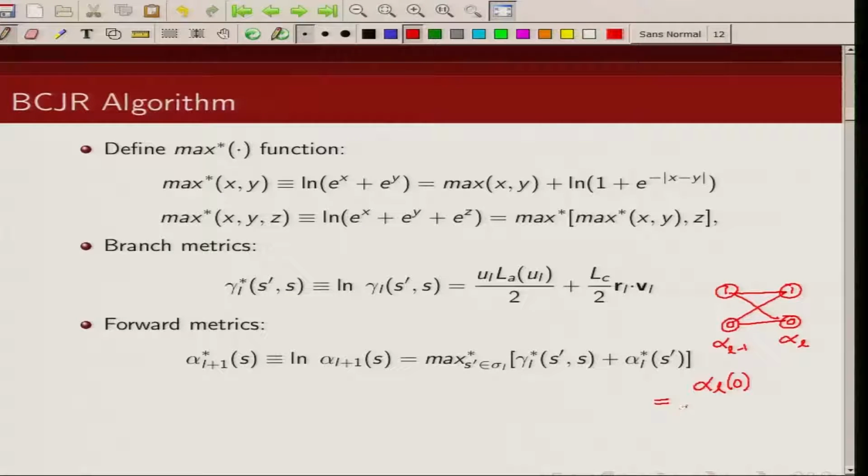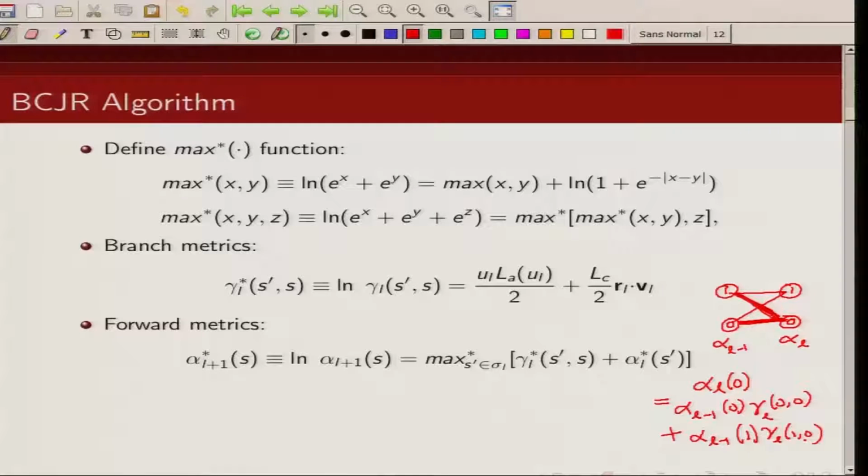There are two branches terminating here, one is this one, the other is this one. So alpha 0 will be alpha L minus 1 0 times the branch metric corresponding to this, which will be gamma 0 0, plus alpha L minus 1 1 times this branch metric, which is gamma 1 0.